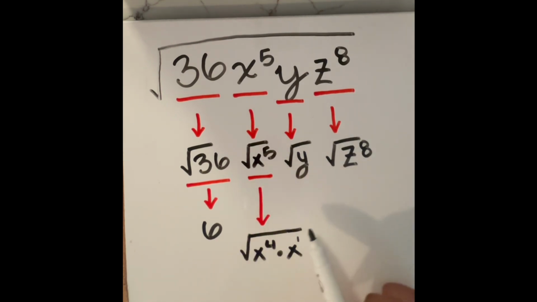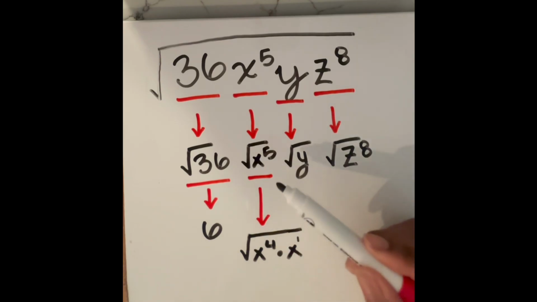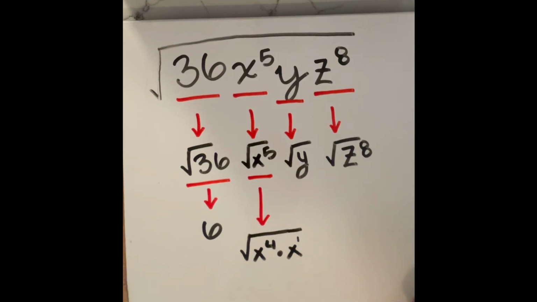And then of course we have both of these expressions square rooted. So these are the same, but then if we take that a step further and break this down even more, we could rewrite this as the square root of x raised to the power of 4 times the square root of just x.